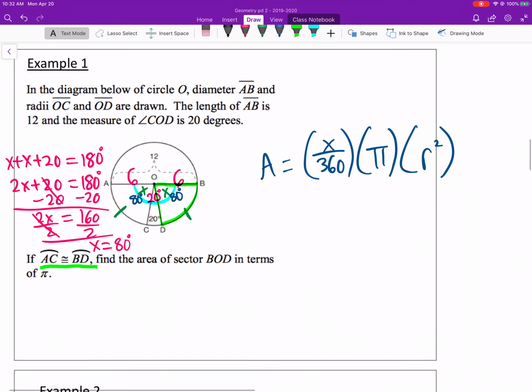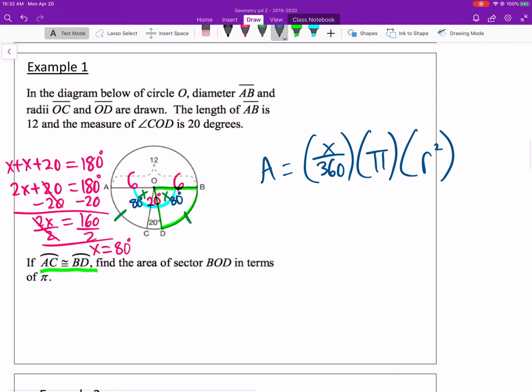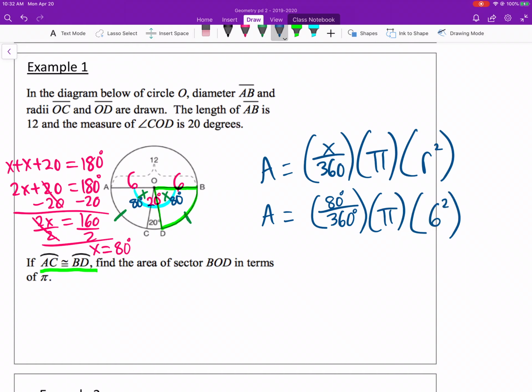Let's substitute now. Our area is equal to the central angle of 80 over 360 degrees in total times pi times the radius squared, which is 6 squared. Now we're leaving our answer in terms of pi, so all we need to do in our calculator is multiply. You don't want to multiply this entire thing because that's multiplying with pi. We want to leave our pi at the end of our answer.